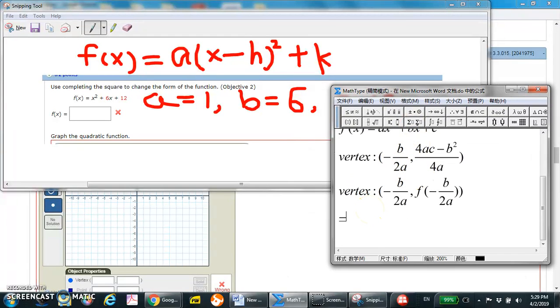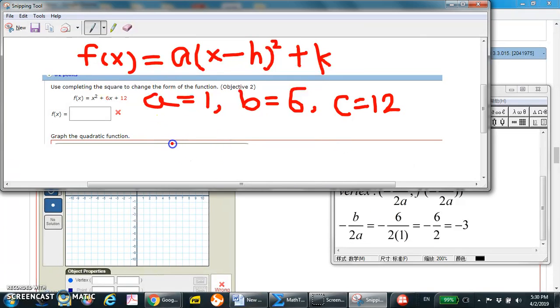Therefore negative b over 2a is going to be negative 6 over 2 times 1. So that is negative 6 over 2. So it's negative 3. So therefore the h is equal to negative 3.